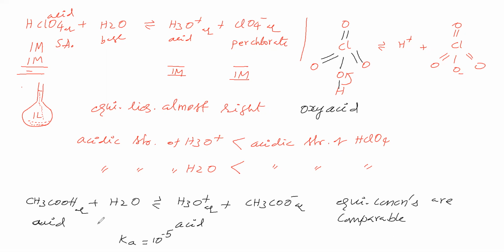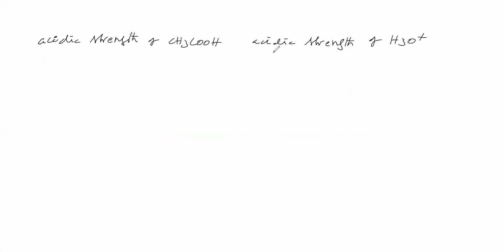The equilibrium constant is 10 power minus 5. So can we say that the acidic strength of acetic acid is less and the acidic strength of hydronium ion is more? So we can say that the acidic strength of hydronium ion is more when compared to acetic acid.